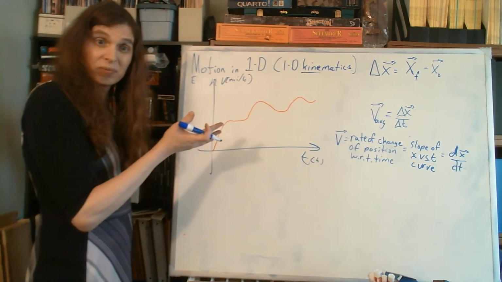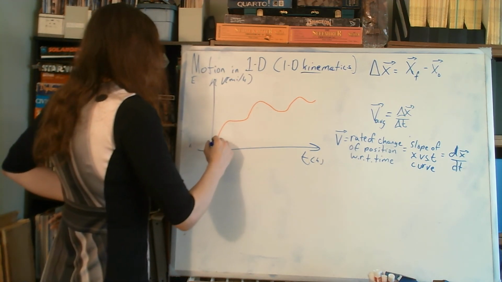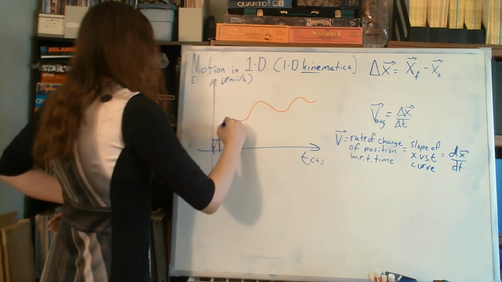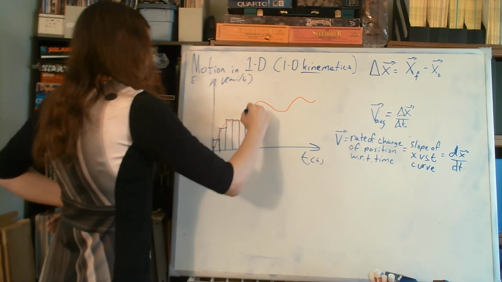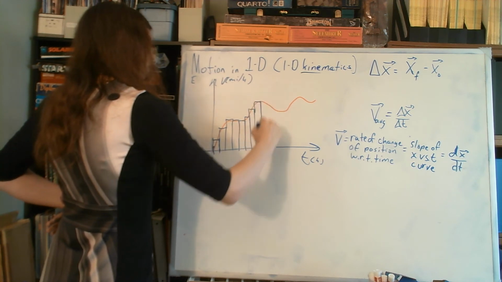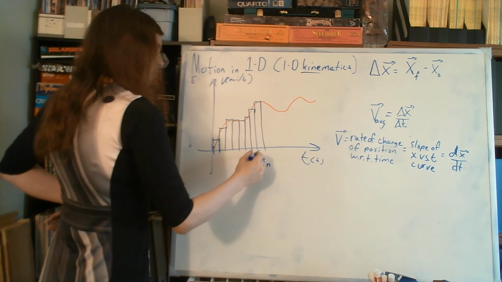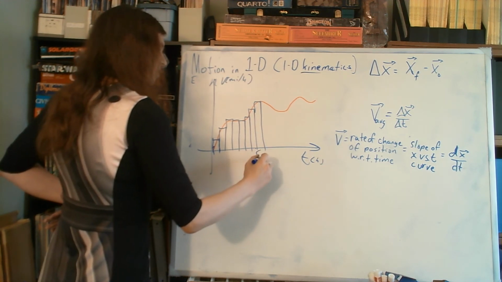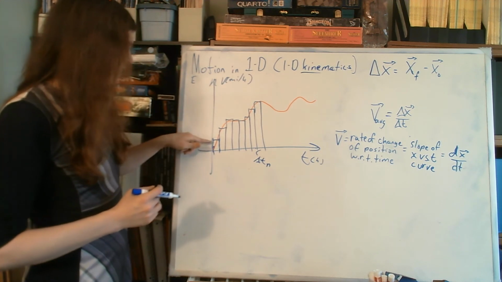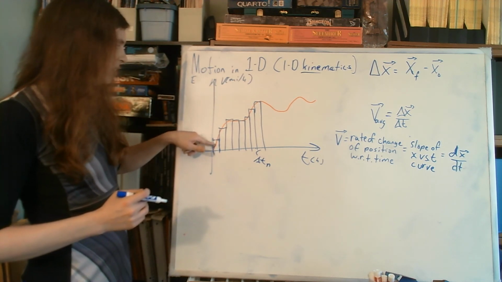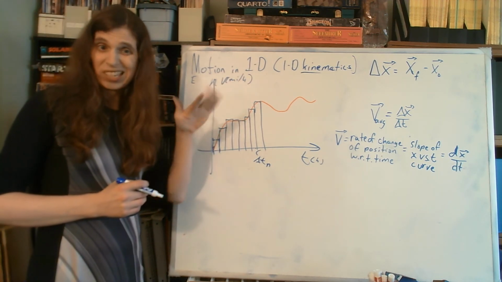So how do we get distances and areas? Well, if we chop this up into strips and made those changes in time small, then the differences in the areas between those rectangles and what's under the curve could be small-ish.